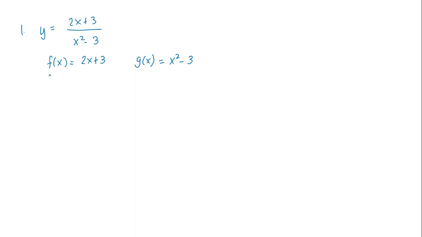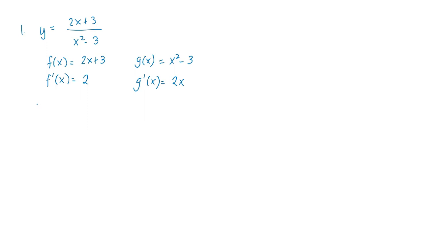Okay? Let us now solve for the derivative of f, which is, so the derivative of 2x is 2, the derivative of 3 is 0. Whereas, the derivative of g, so the derivative of x squared is 2x, derivative of negative 3 is 0.